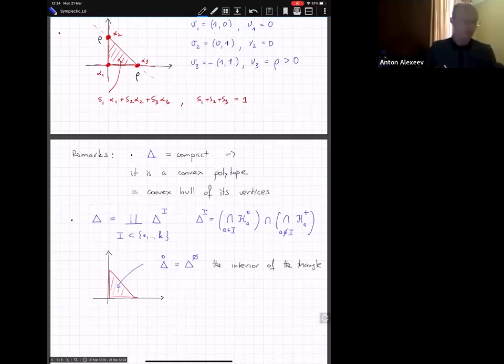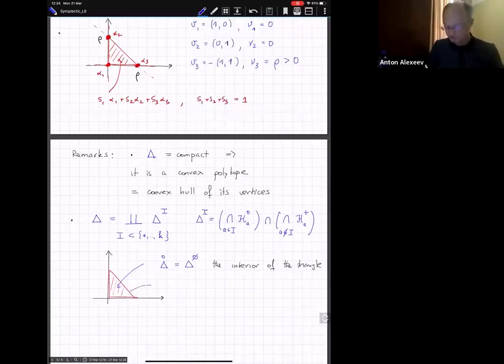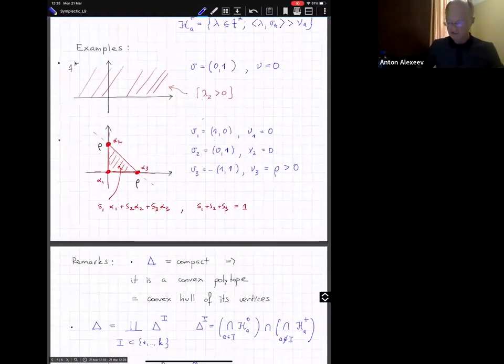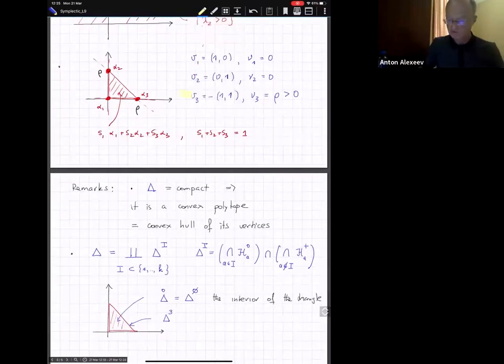of the triangle. So then let's do one of the sides, right? So for instance, this side is delta 3. This means that for this hyperplane, the equality is simply satisfied.